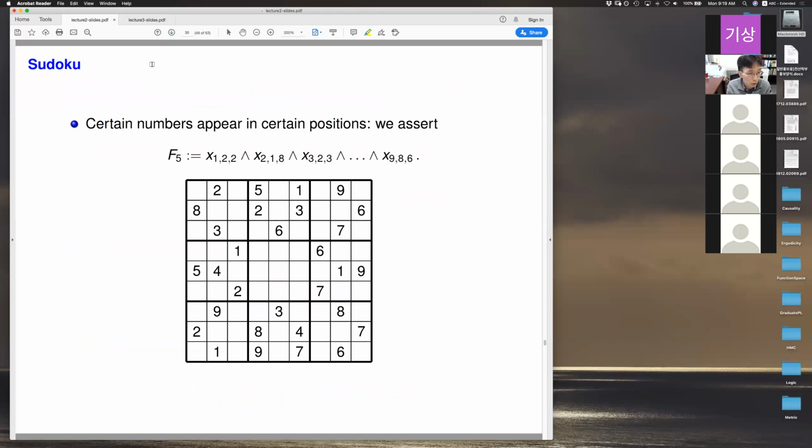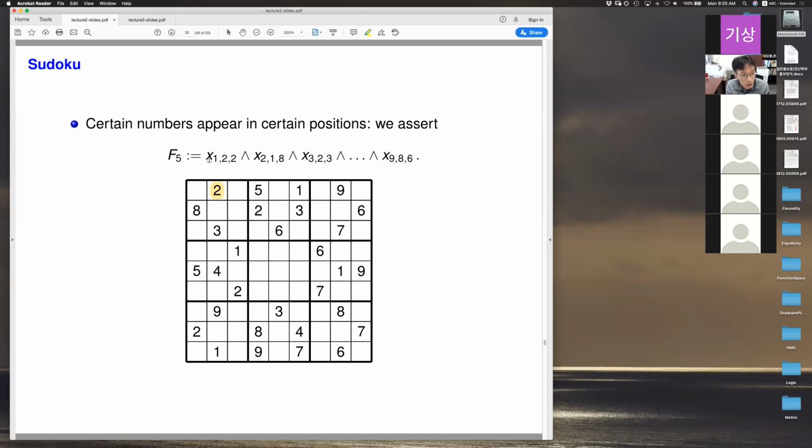Oh, actually you have to do one more thing. In the specification of the Sudoku, it has some pre-existing numbers. For instance, in this matrix, the entry at row 1, column 2 will contain number 2. And we have to express this type of existing number using some other logical formula. So F5 expresses the initial configuration.